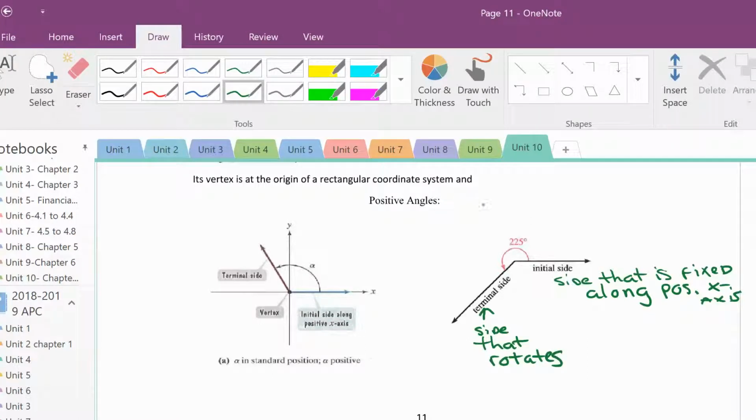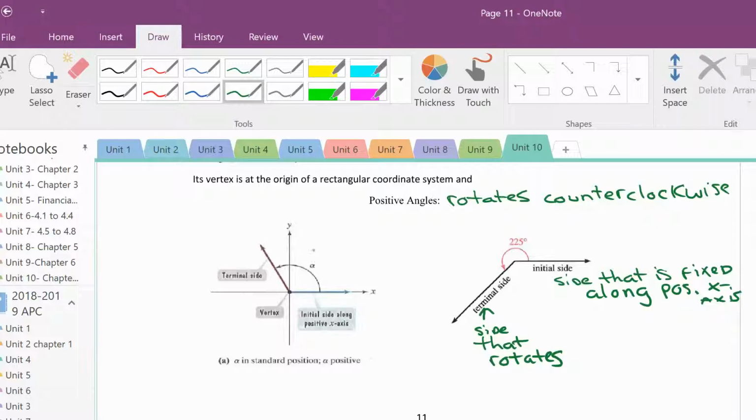Whenever you have a positive angle, that's the one that rotates counterclockwise. So notice this angle here is 225 because it goes counterclockwise.